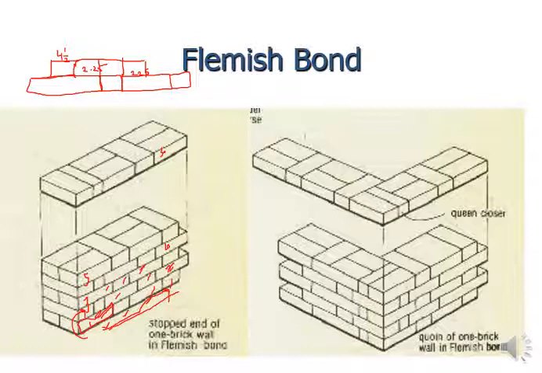Okay, and what else over here? What you need to place over here? It is stretcher, header. So another stretcher should come over here, and here is header. So what does it mean? That for the Flemish bond in consecutive courses, above the header you have to place stretcher, and above the stretcher you have to place header exactly in between, in the mid.